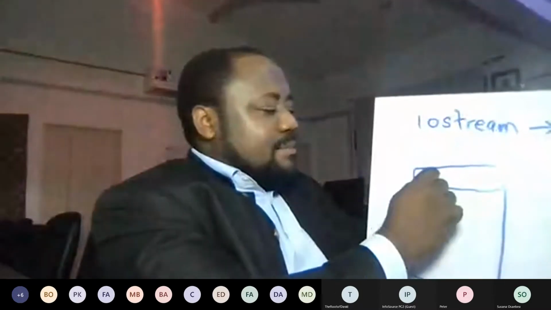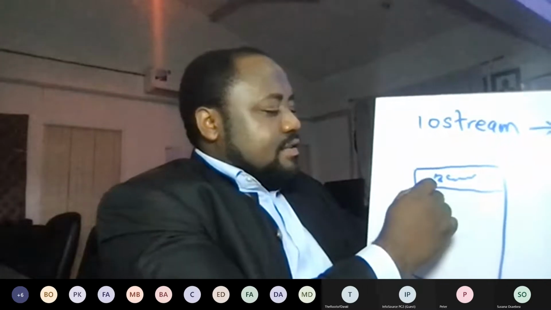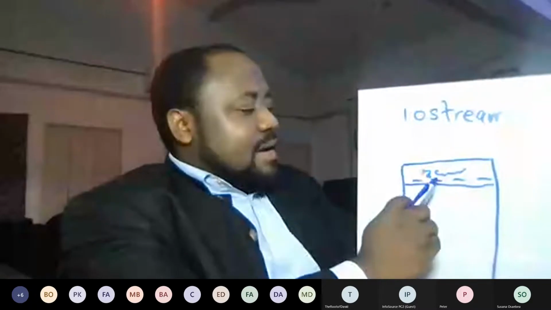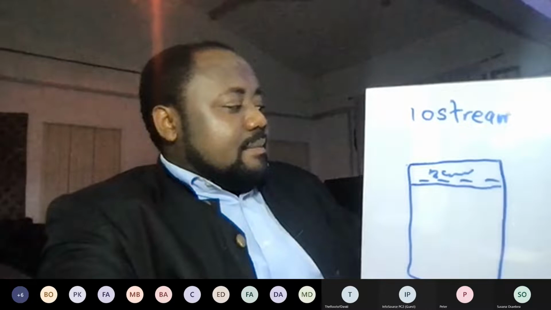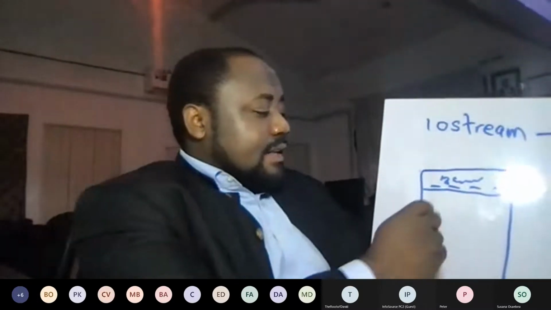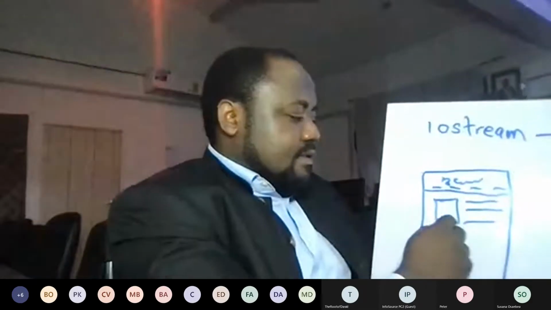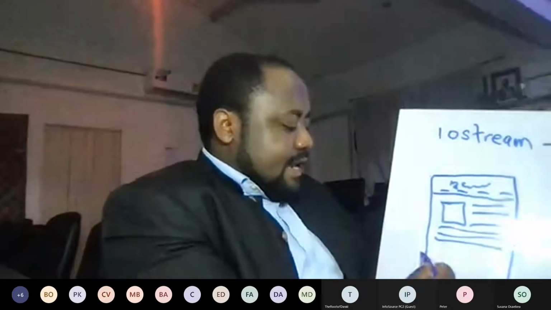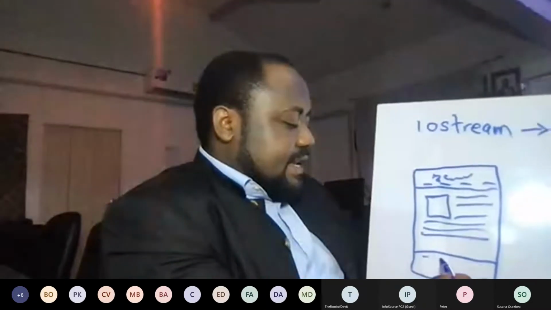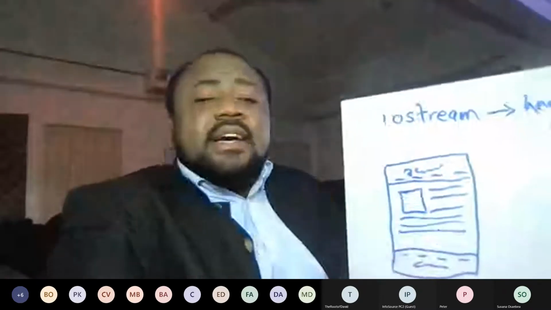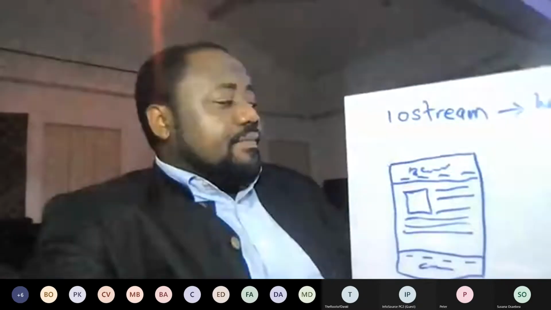And we have the top where you see the banner and the links, the menus: homepage, about us, contact us. Then here we have the body of the site. And then at the bottom here, you see the links again, and you see copyrights. This is how a typical website looks like.